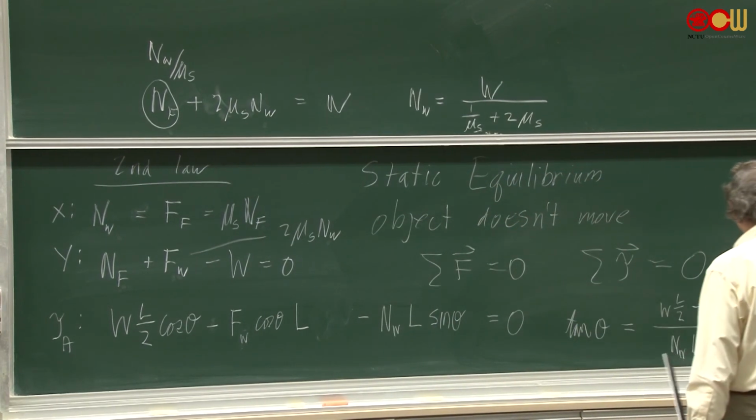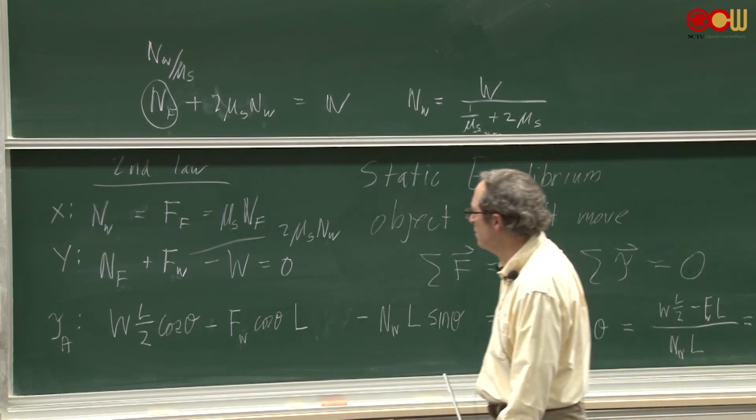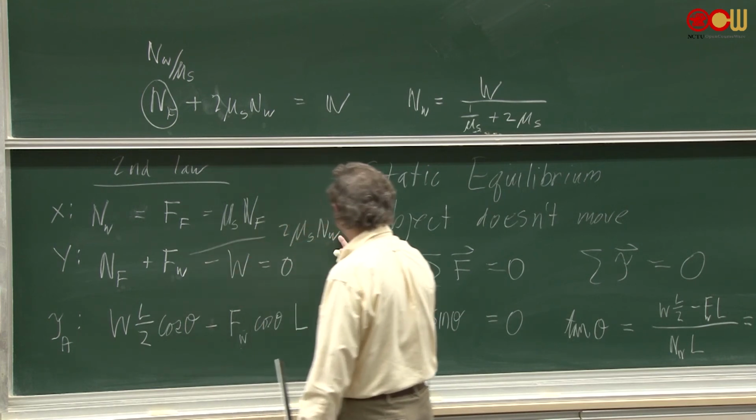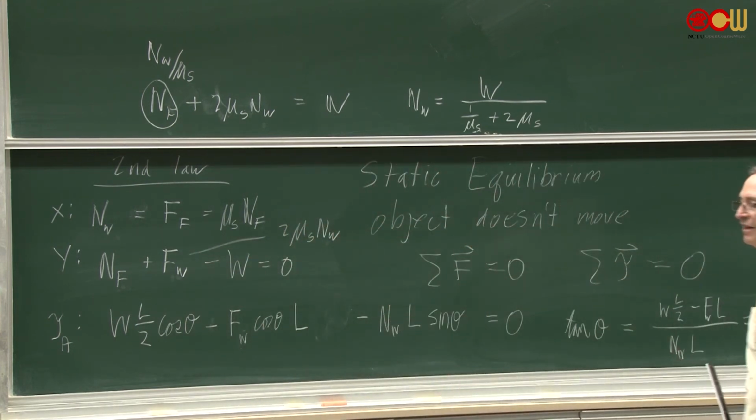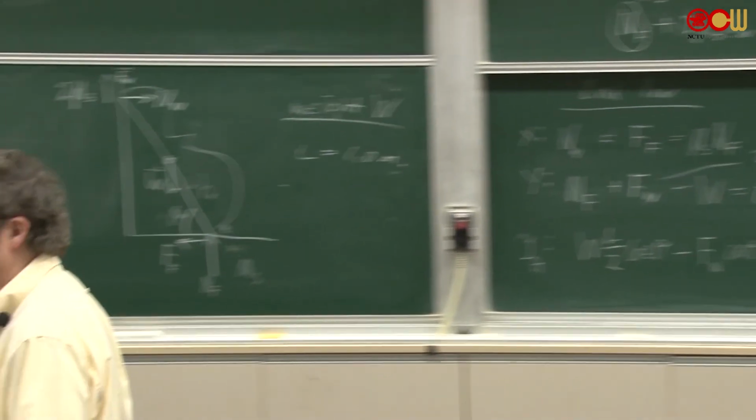All right? So I have N wall. And then F wall is just this, so I can put that in. And presumably I could get the answer. It's probably not that interesting, but I can find an angle.